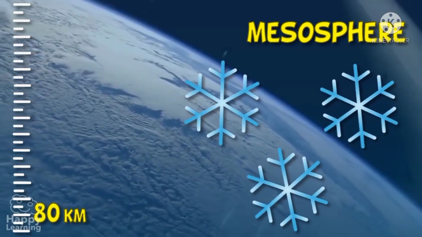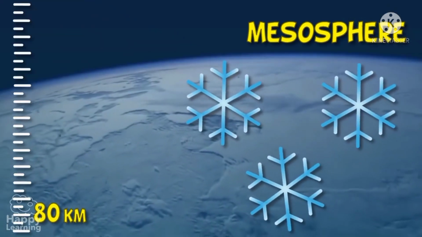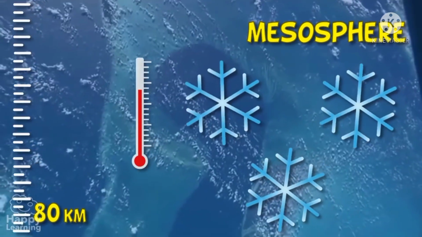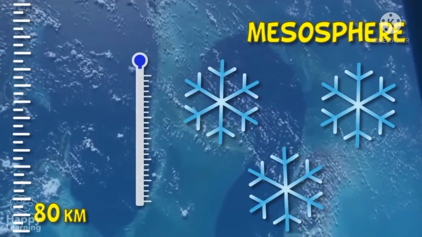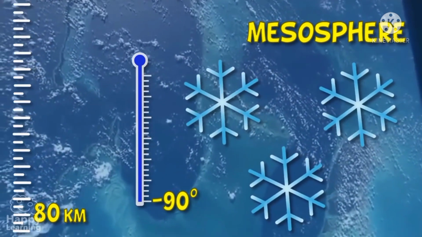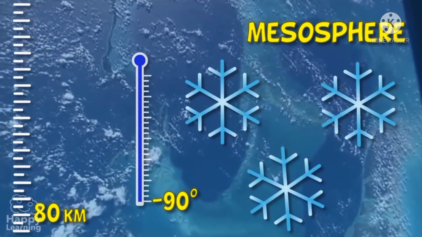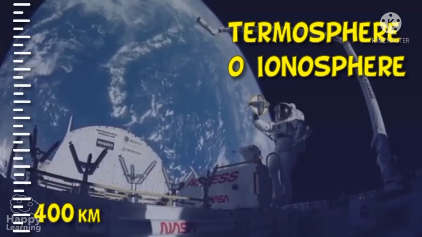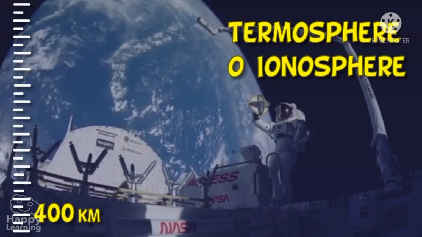The mesosphere is situated between 50 to 80 kilometers over the Earth's surface. It is the coldest layer in the atmosphere. It can reach less than 90 degrees below zero. The thermosphere, also called ionosphere, reaches 400 kilometers.